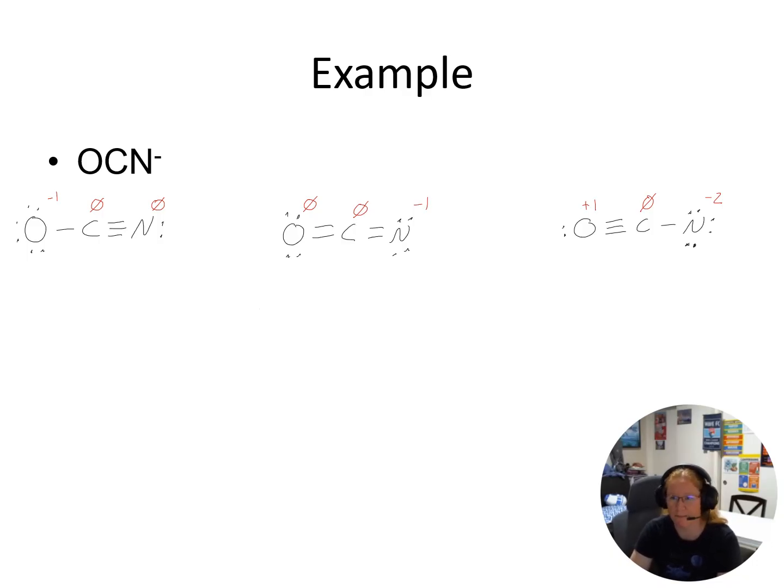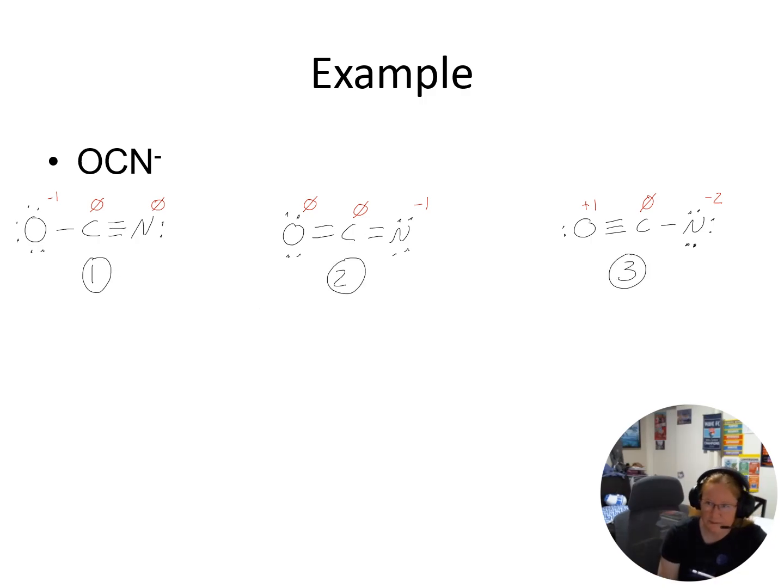before we figure out which one's the best structure, can you figure out which one is the worst structure? Yeah, so we're going to have structure 1, structure 2, and structure 3. Okay, so which one's the worst? Structure 3 is the worst. Why?